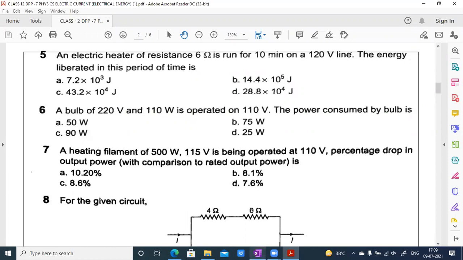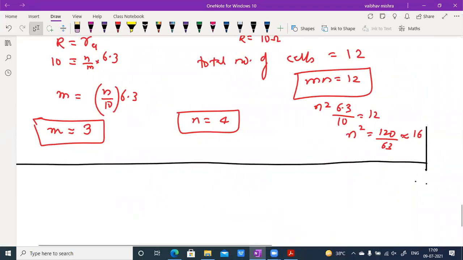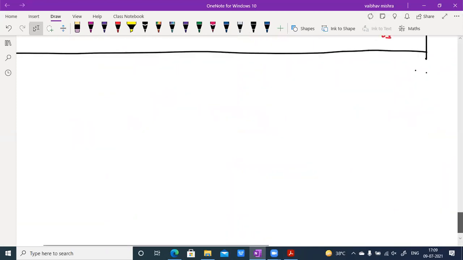Question number 6. So we use the concept of rated power and rated voltage. Rated power, rated voltage से क्या मिलता है हमें? We get from rated power and rated voltage the resistance and maximum current that can pass.